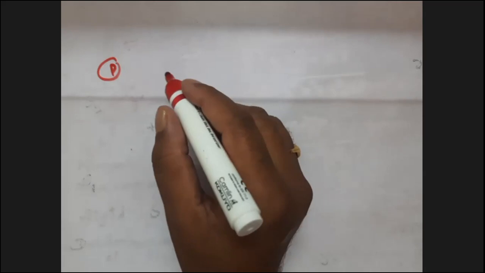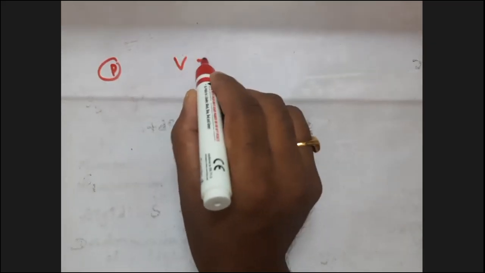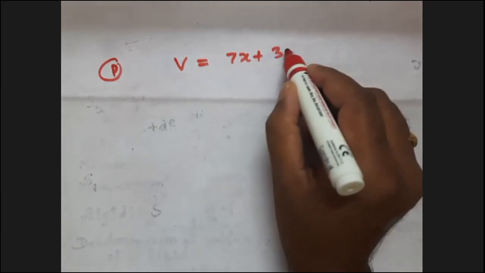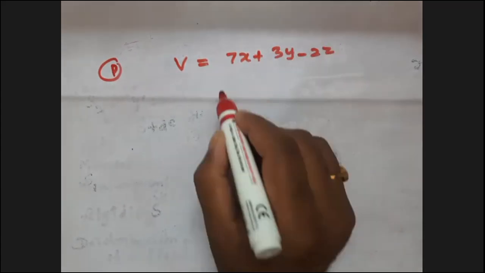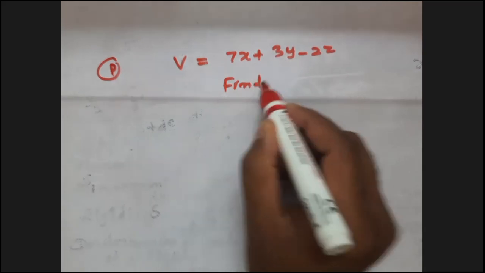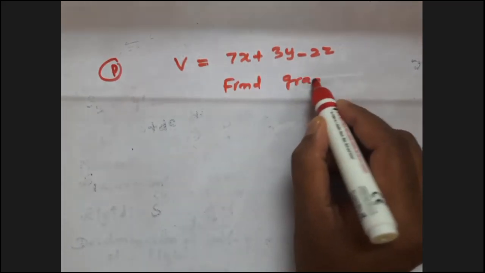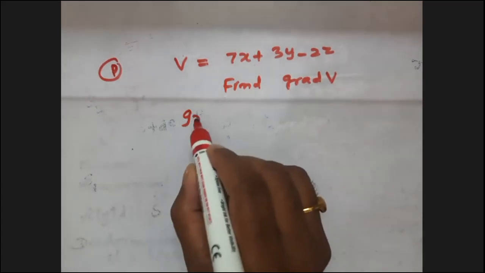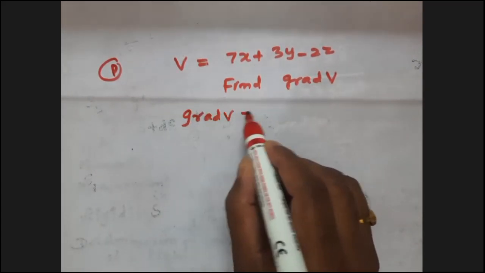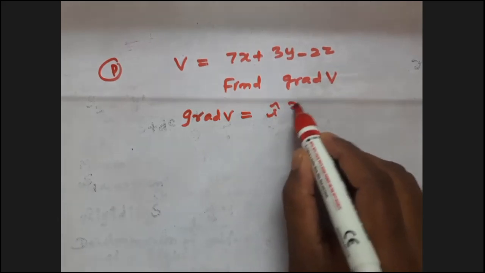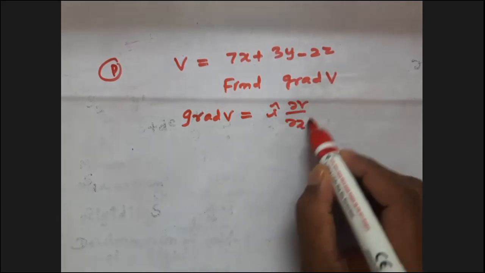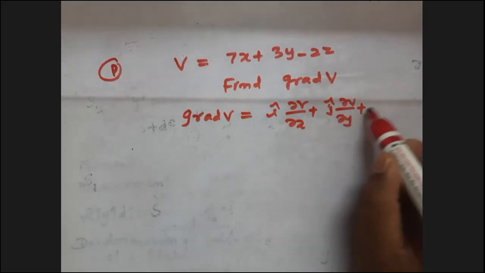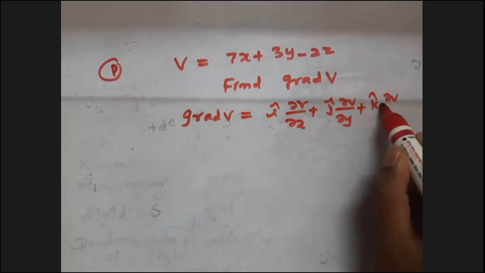For example, a scalar potential V is given by 7x plus 3y minus 2z. Question: find grad V. Find the gradient of the scalar potential. So first you write the formula. Grad V is equal to, what is the formula? i dou V by dou x plus j dou V by dou y plus k dou V by dou z.